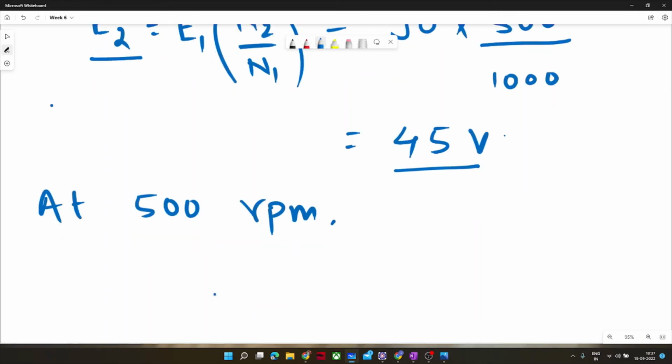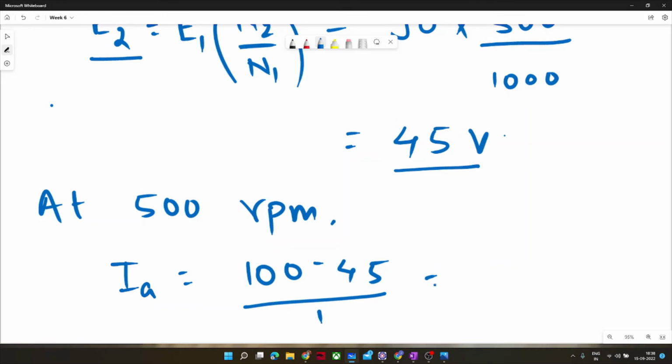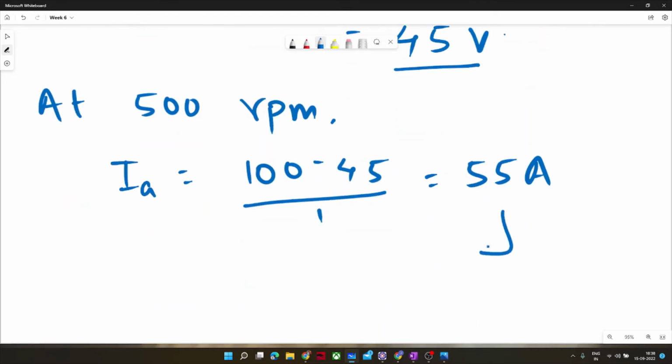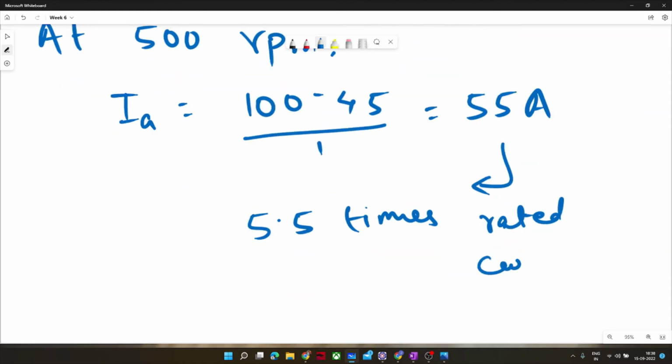If we leave our rated armature voltage at 100 volt and this 45 volt is reduced due to speed, then the current would be 100 minus 45 by 1, that would be 55 ampere, which is 5.5 times the rated current, which will not be acceptable.